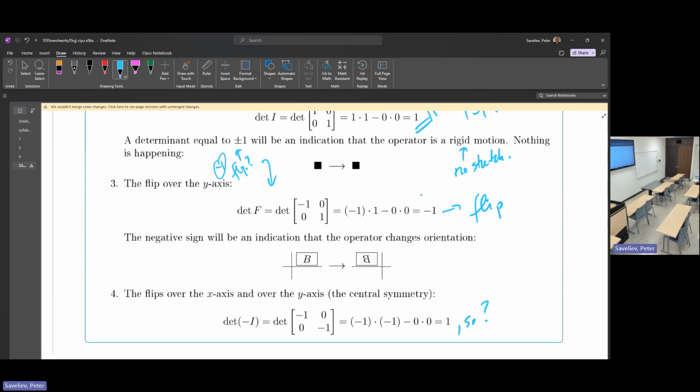The determinant of the central symmetry is 1. We do know what the central symmetry does. What conclusion do we draw from this? What's so special about central symmetry that is now reflected in the fact that the determinant is 1?